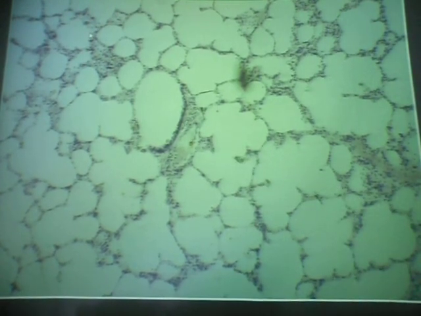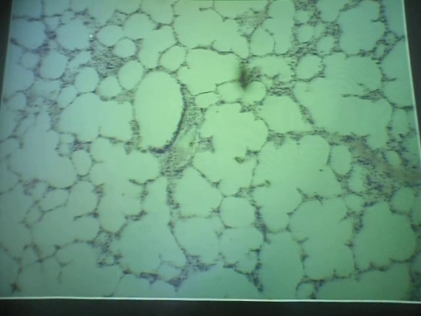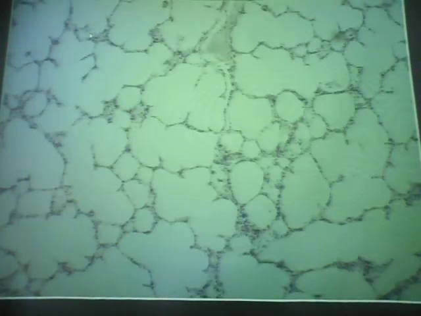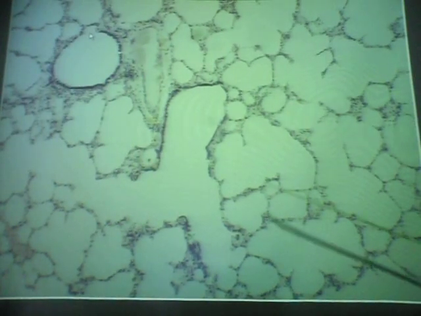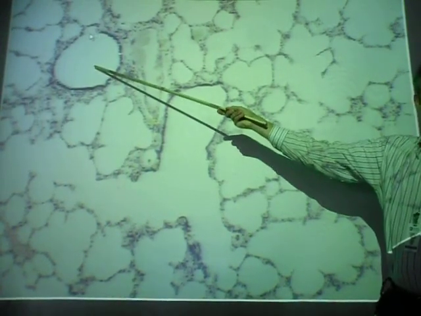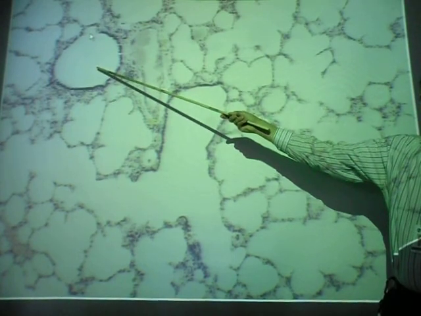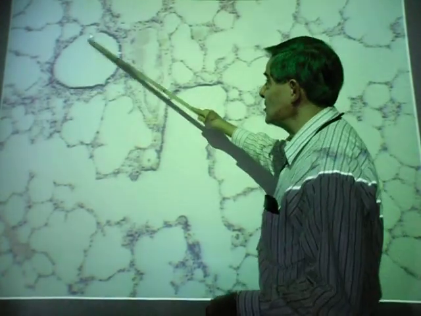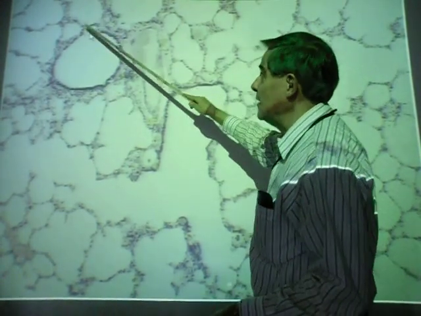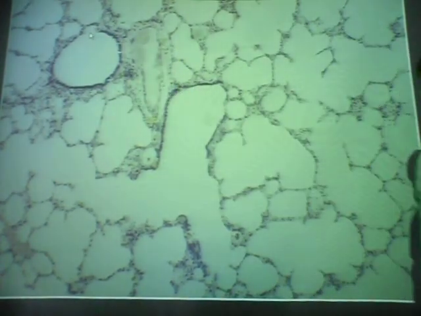Respiratory bronchiole. How about this one right here? It's again a respiratory bronchiole. You can see the wall here, it looks like it's disrupted. You can see a little bubble coming off here. That's an alveolus. So it's a respiratory bronchiole.